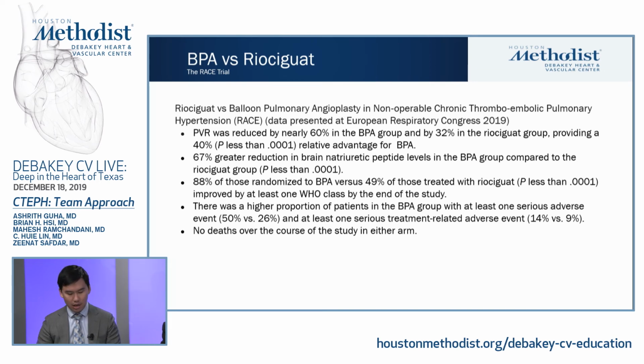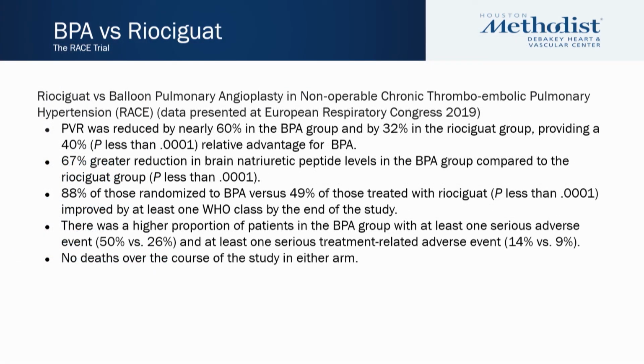And so this year at the European Respiratory Congress, they presented the RACE trial, which is basically a head-to-head comparison of riociguat versus balloon pulmonary angioplasty. At least in the data presented at the conference, there's significant hemodynamic improvement and functional class improvement in the BPA group over the medical therapy group.